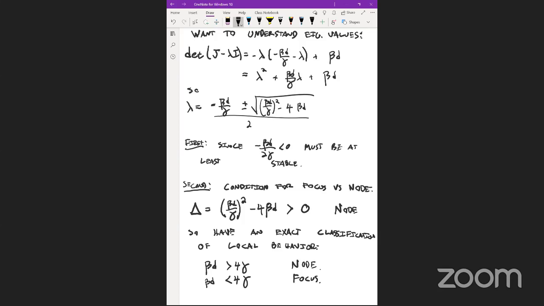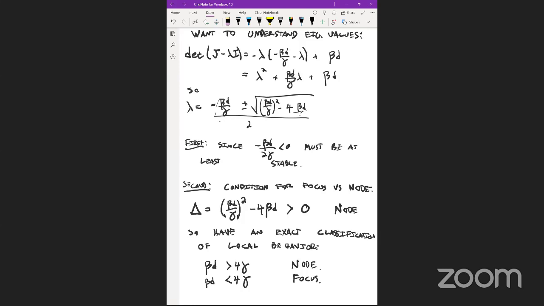But you could see it's possible, though in this case it doesn't happen, that delta could be larger than beta D over gamma. If delta was larger than beta D over gamma, then we would have a semi-stable situation. It's the fact that this term is in terms of beta and D that forces it to always be smaller than this term here.